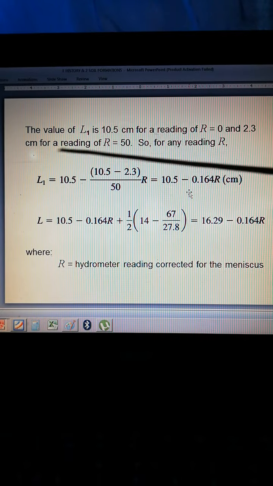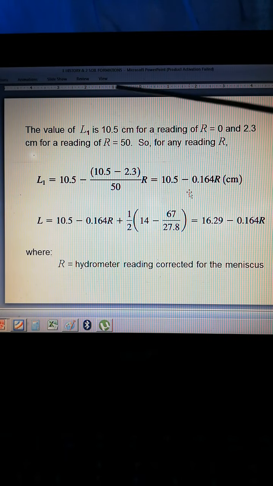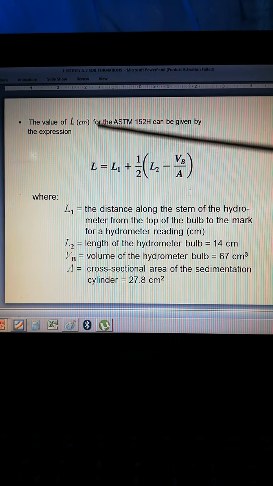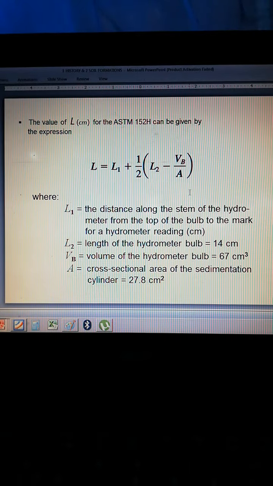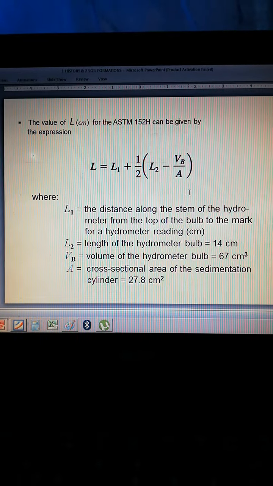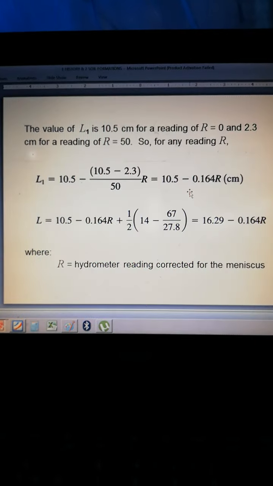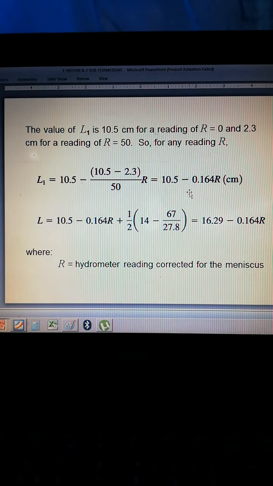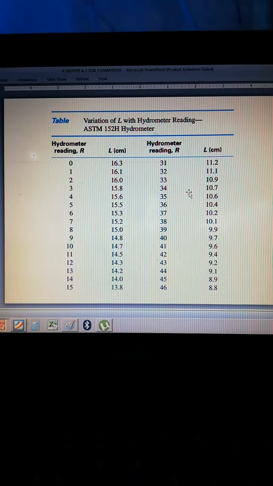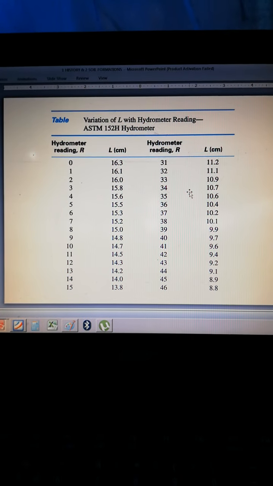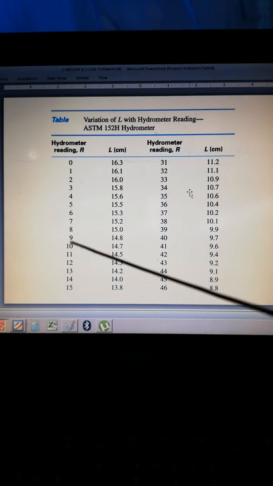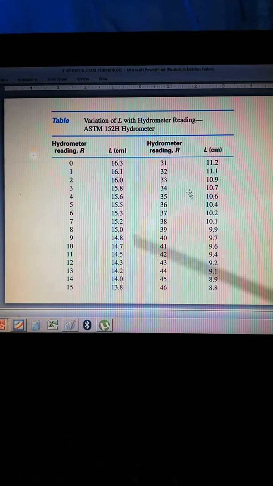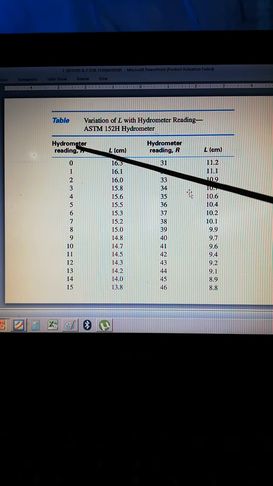They are making this a standard value because L1 is constant if you have a standard hydrometer. So L1 and L2 are predetermined. It depends on the reading for the L. So you have a table of variations: given your hydrometer reading, this would be the L that you can expect.